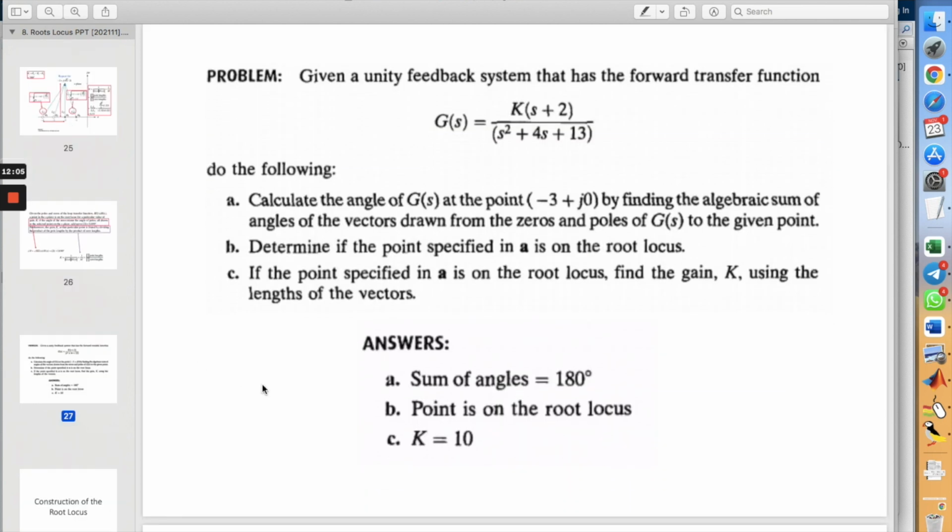Alright, so this is an example. Given a unity feedback system that has the forward transfer function, do the following: A, B, and C. The answer is already given here.